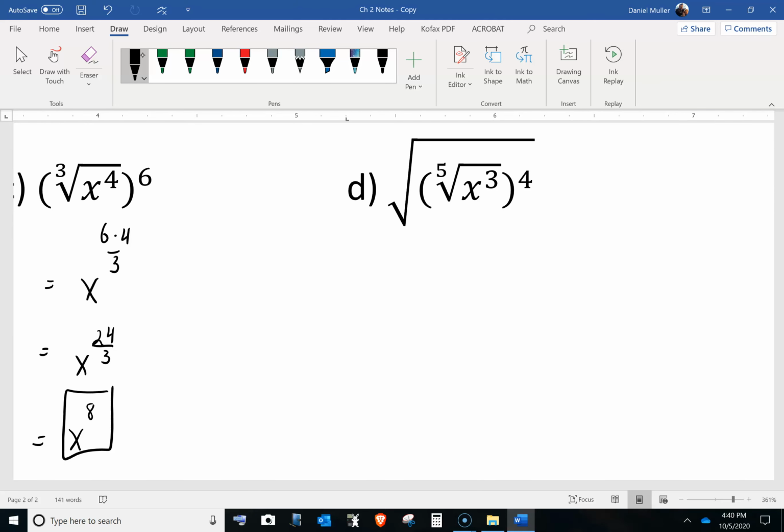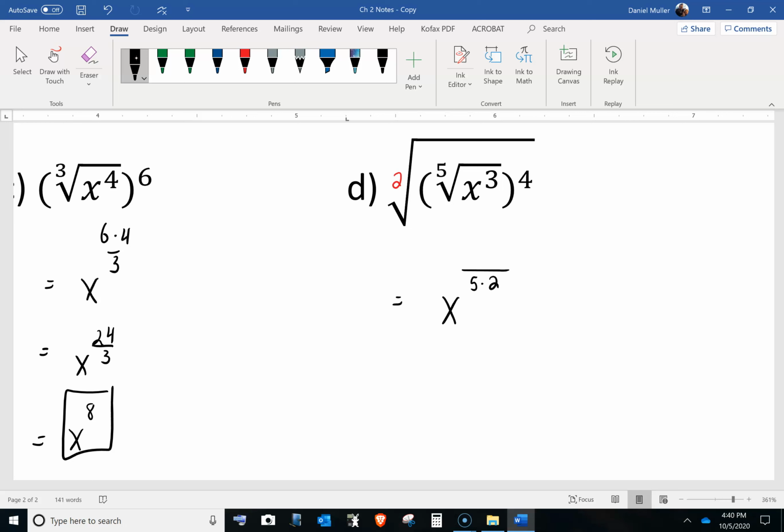Now we've got 2 of these radical symbols. And it's not written here, but you need to remember that this symbol here has a 2 in front of it. We just don't ever write the 2. So our denominators are actually 2 different numbers. It's a 5 and a 2. And because it's a fifth root to the power of a half, the 5 and the 2 can be multiplied together.